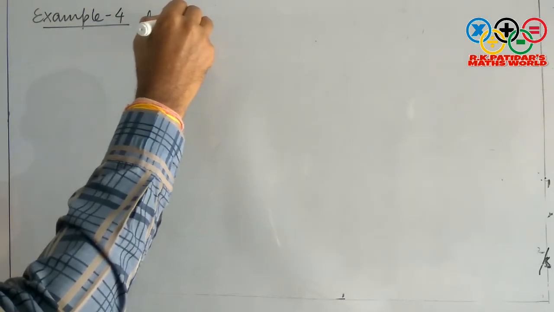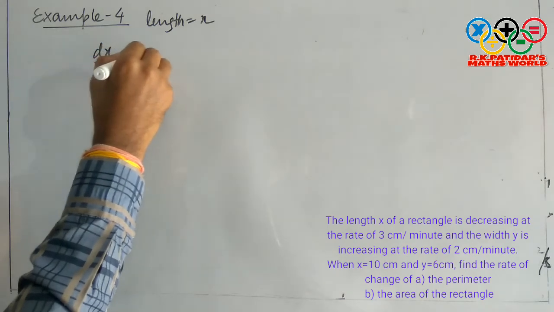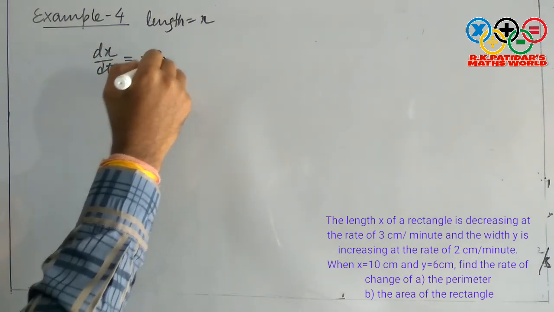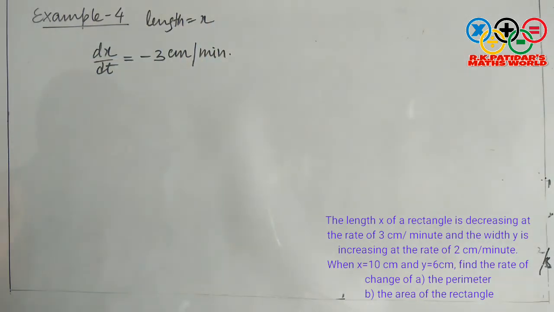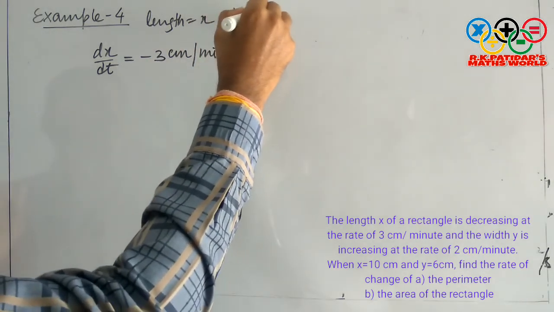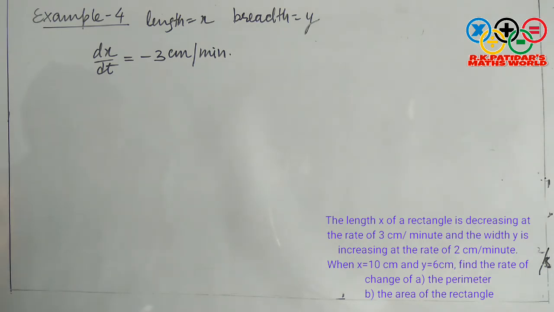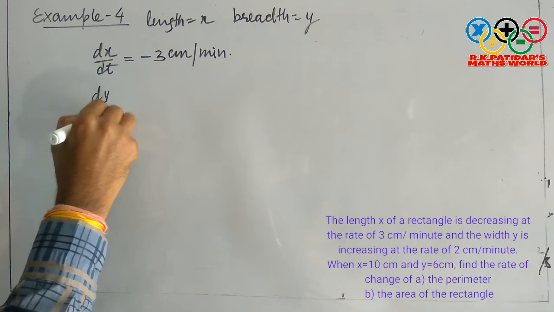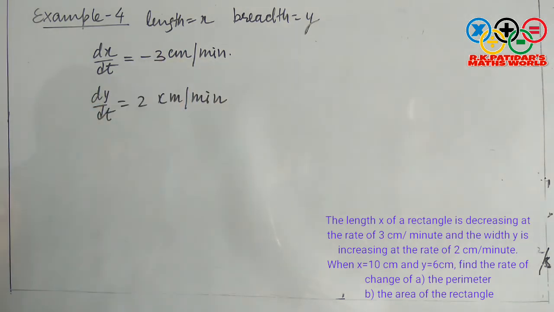So length is x and the rate of change of this length is, and it is decreasing, so we will write it negative, dx upon dt is -3 centimeter per minute, and the width y, width means breadth, the width y is increasing at the rate of 2 centimeter per minute, means dy upon dt is equal to 2 centimeter per minute.